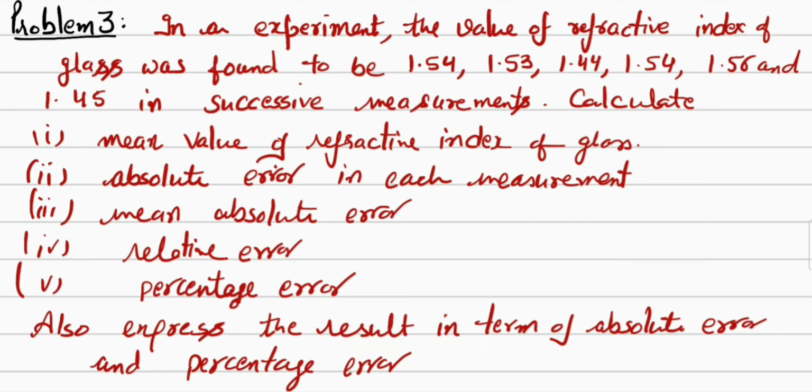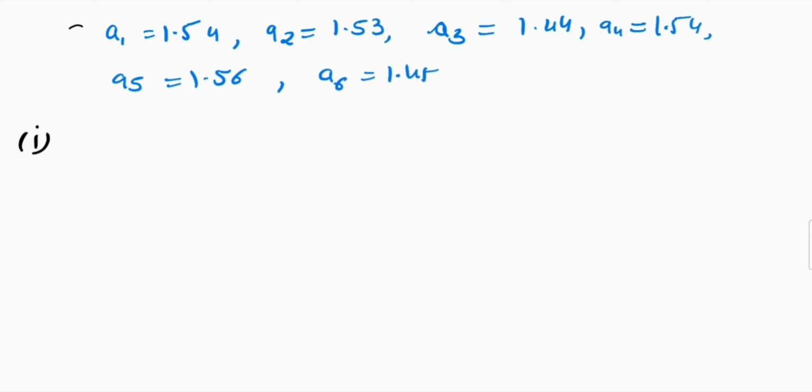So let's get started. These are the given values of the refractive index of the glass. Now we have to find the mean value of the refractive index. So we know the formula. What is the mean value of the refractive index? We represent the refractive index with mu.